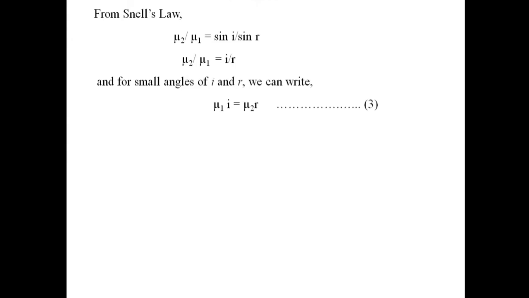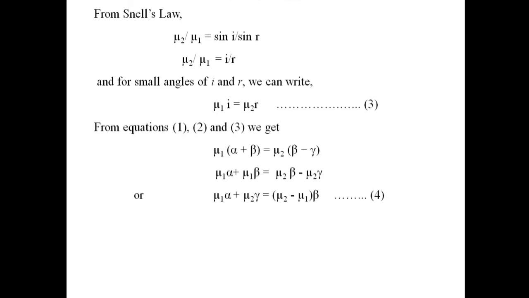Mu1 and mu2 are the refractive indices, i is the angle of incidence, r is the angle of refraction. As i and r are small, we can write sin i as i and sin r as r. So mu2 upon mu1 is equal to i upon r. Now, after cross multiplication, we get mu1 i is equal to mu2 r.